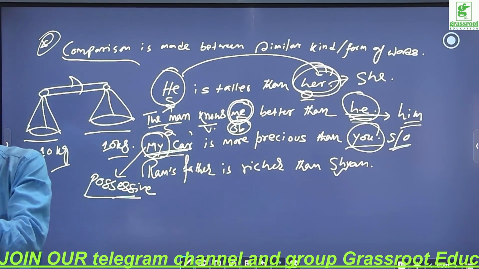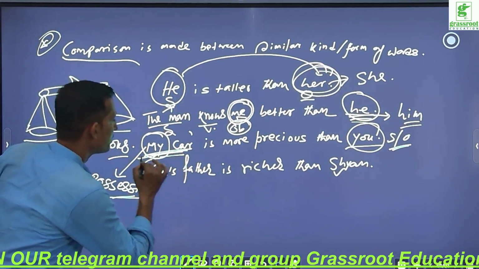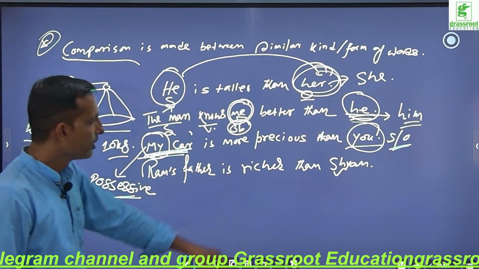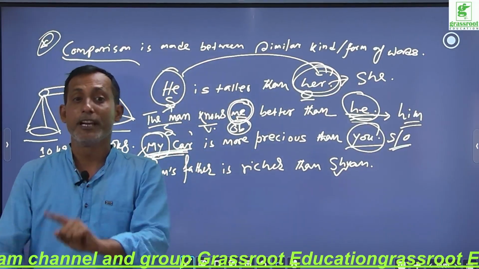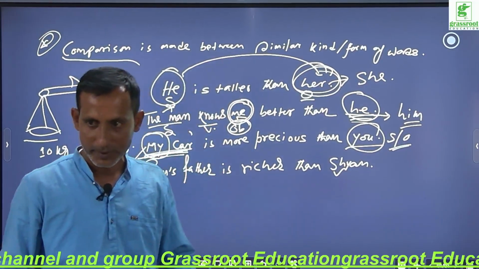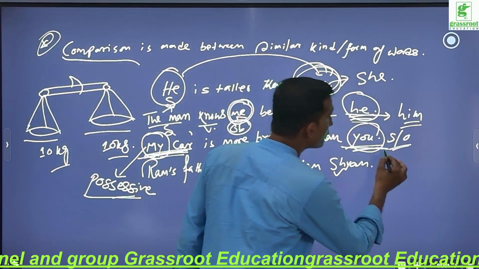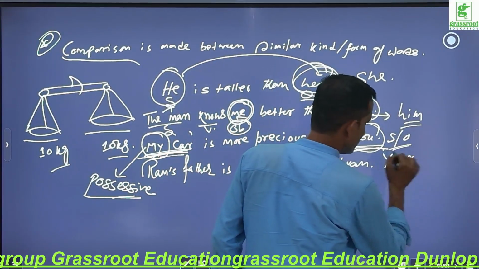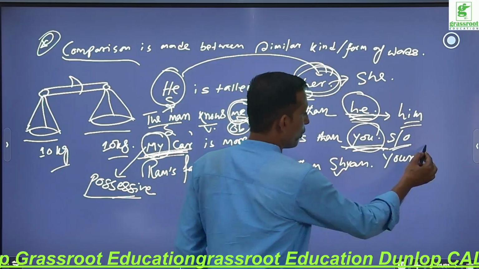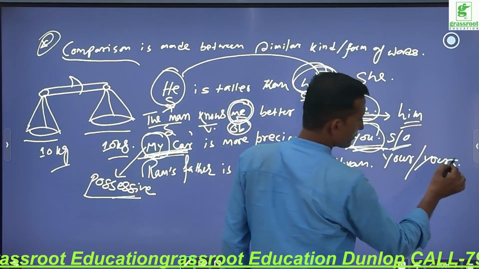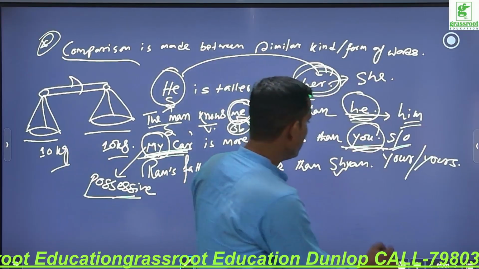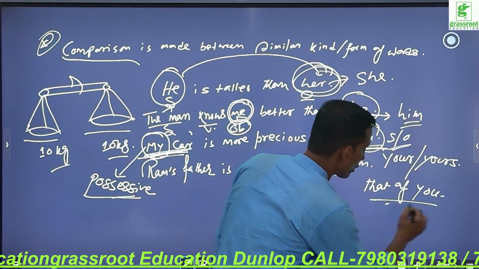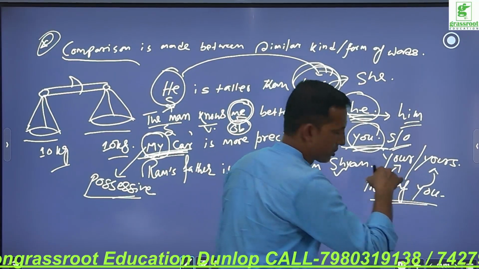So the actual identity of my is possessive and the actual identity of you may be subjective or objective. So you have to change it into possessive form, that is your, or maybe yours, or maybe that of you. That of you means your or yours.